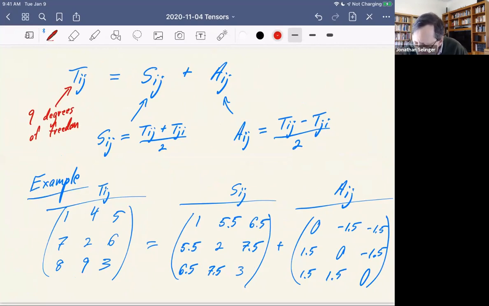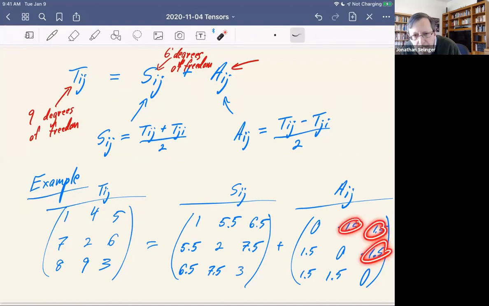For the symmetric part, how many degrees of freedom are there? Well, it's 1, 2, 3 on the diagonal, and then 4, 5, 6 off the diagonal, and then these guys are locked in to 4, 5, and 6. So this symmetric part has 6 degrees of freedom. The antisymmetric one has 1, 2, 3 degrees of freedom.